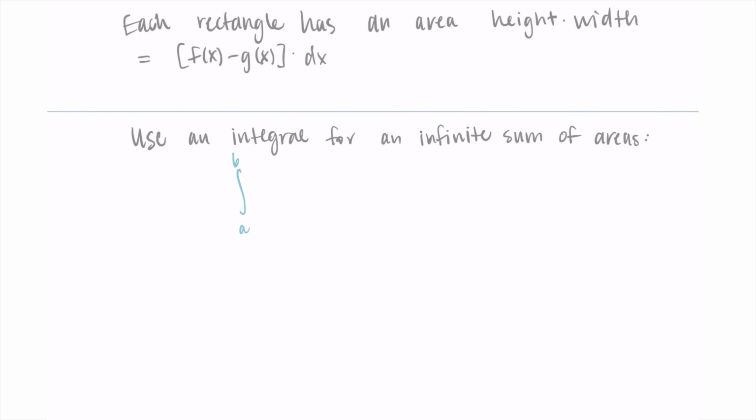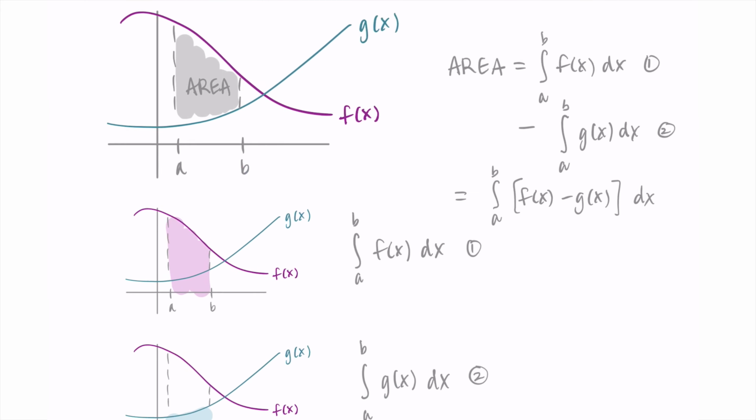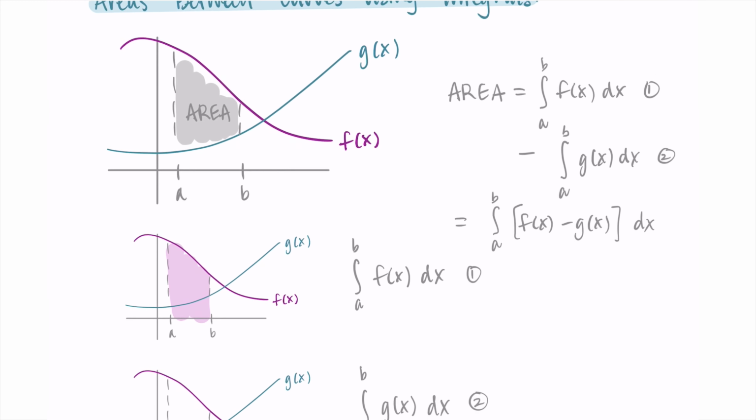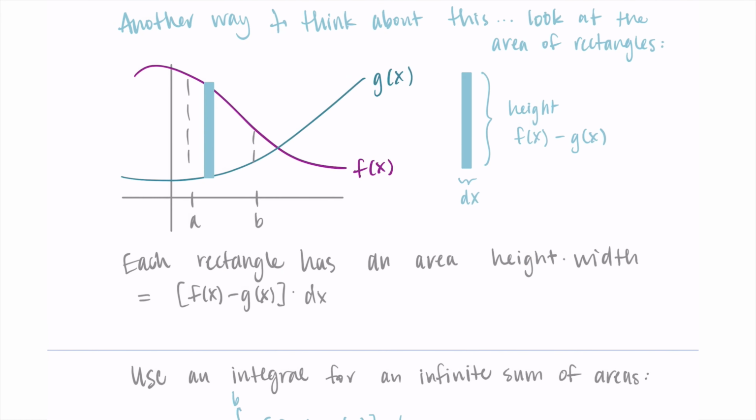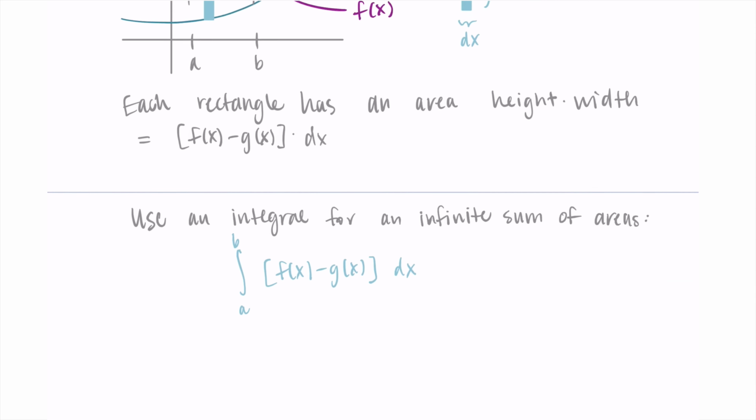That's where we're spanning our rectangles between. And we have the height, f minus g, times the width, dx. And this is how we find that area between the two curves. So this looks the same as what we had before when we were doing the areas of f and g and subtracting them. This is just another way to think about it that I think is nice to have both understandings.